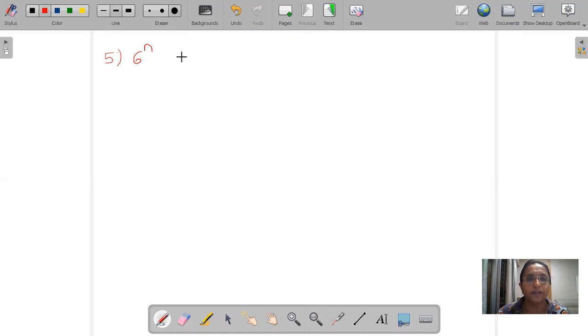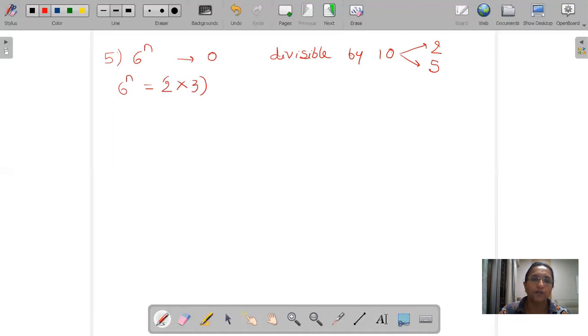Just now we have discussed any number will end with the digit 0 only if it is divisible by 10, and divisible by 10 means it should be divisible by 2 and 5. So let us consider factors of 6 raised to n. What are factors of 6? Factors of 6 are 2 into 3, to the power n.